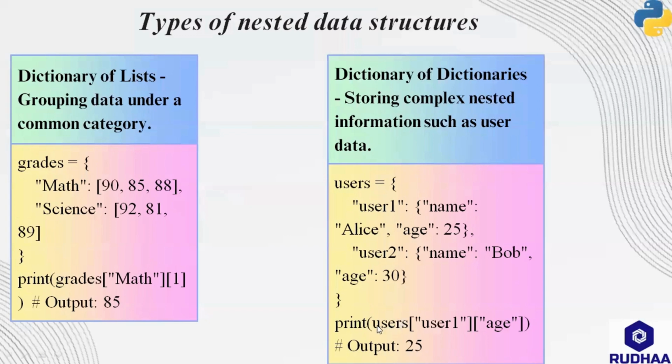So I am accessing users, user 1, age. In users, user 1 age is 25, that will be printed. In this way you can store the data inside the dictionary, and you can access any type of data. These are some examples of nested data structures.